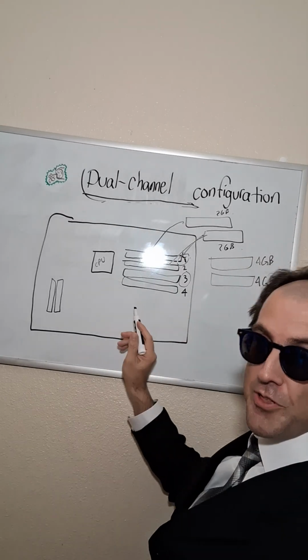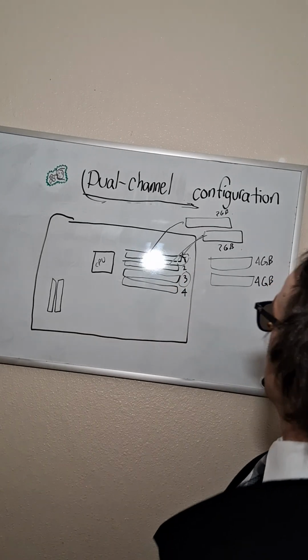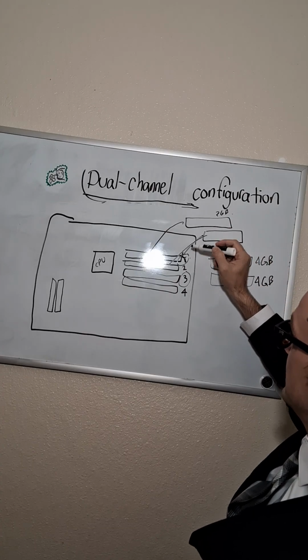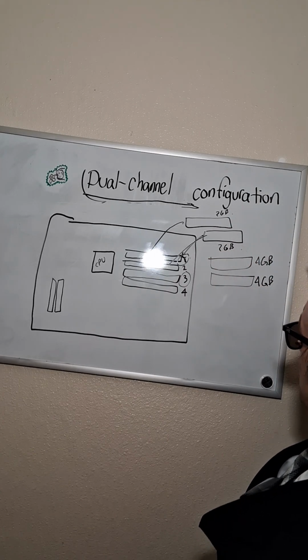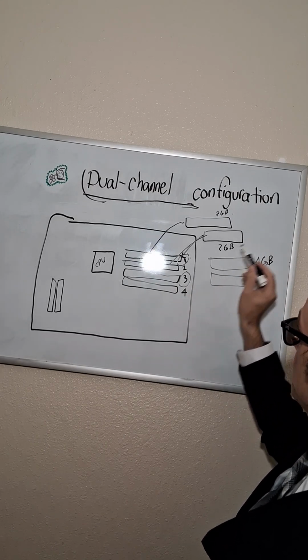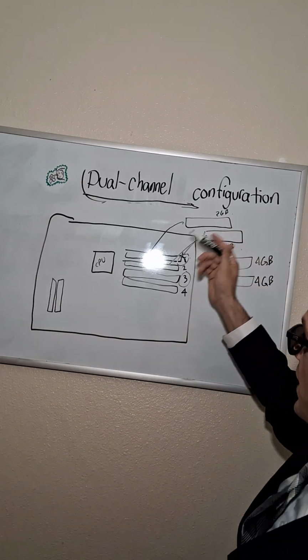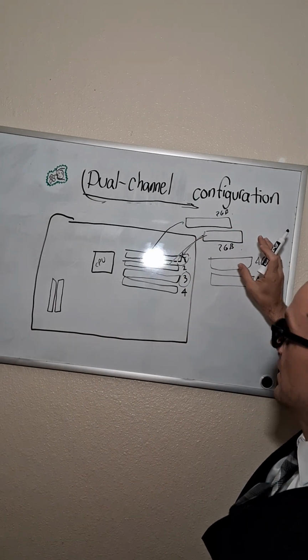And here we are on our motherboard, and we have 4 available slots. We're not going to put a 2 gigabyte on slot 1 and then put a 4 gigabyte on slot 3, because the 2 gigabyte and the 4 gigabyte, they don't add up. You have to have them the same.